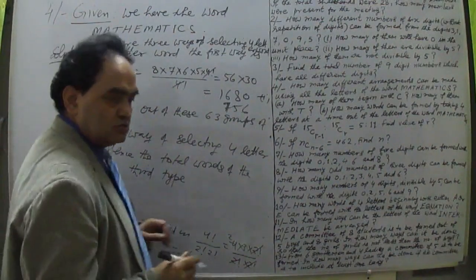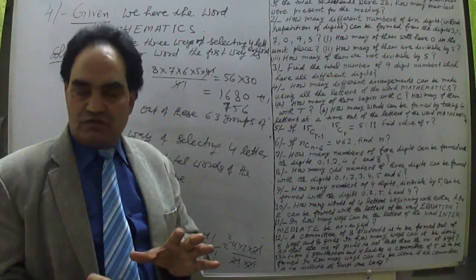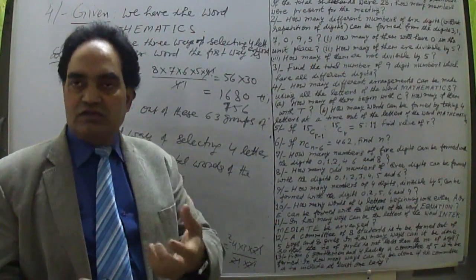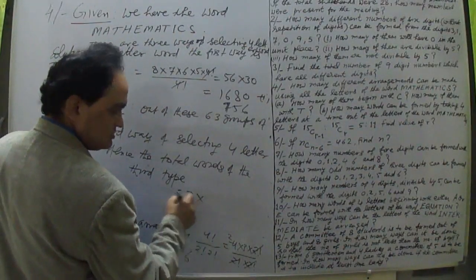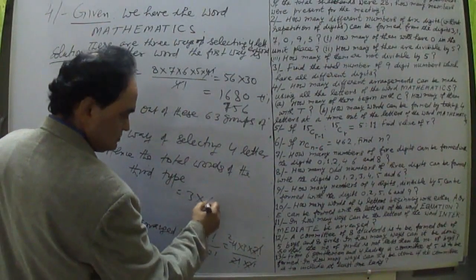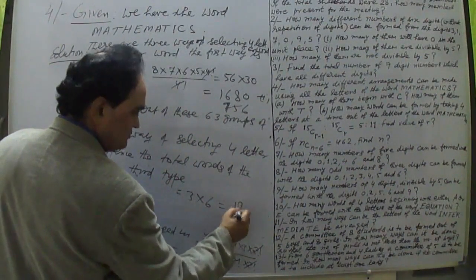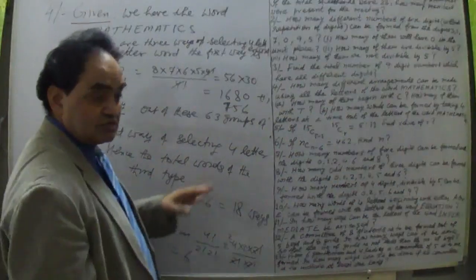Third type means two are alike of one kind, two are alike of another kind, and both pairs are similar, but one is of one kind and the other is of the second kind. This is 6 into 3, because there were 3 ways selected, and this arrangement, so 6 into 3 total is 18 ways. So total 18 words are there of this kind.